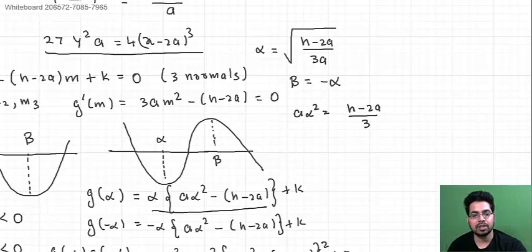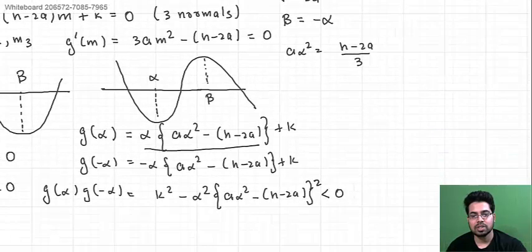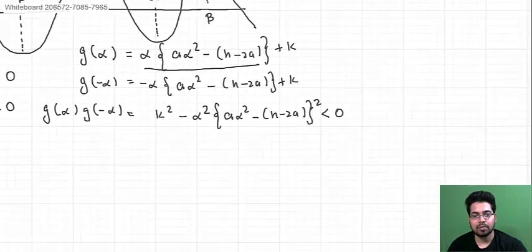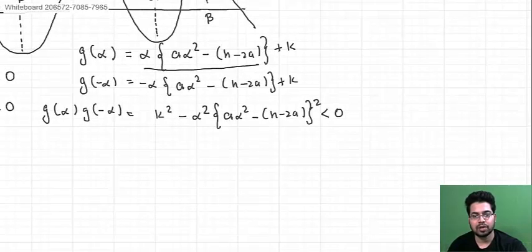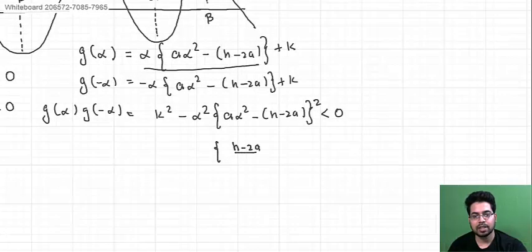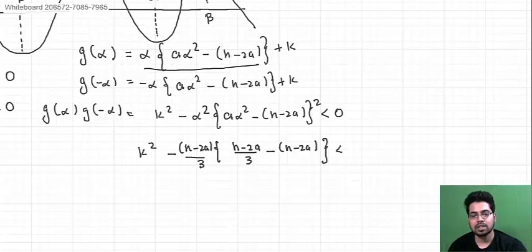So instead of a alpha square, I'm going to write over here h minus 2a by 3, and here we are having h minus 2a and alpha square, so this would be h minus 2a by 3, and here k square, this is less than 0.